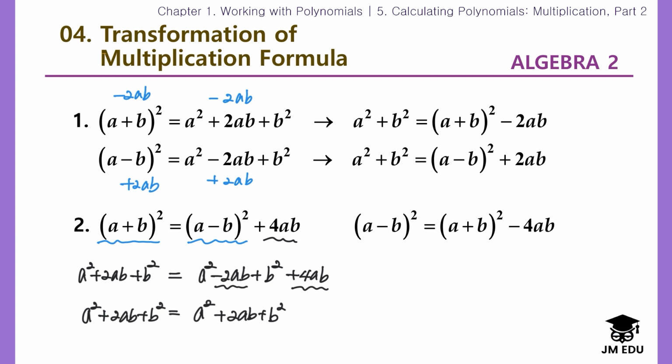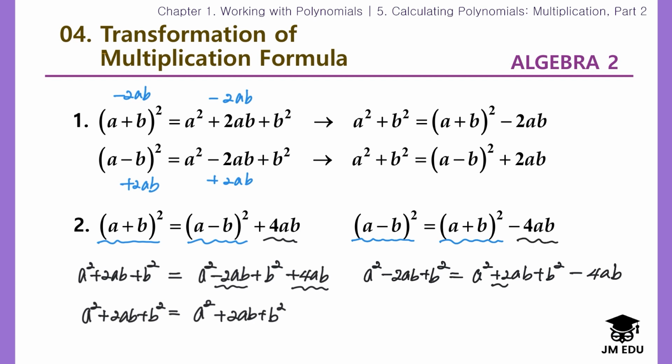Does that make sense? Okay. If we have (a - b)², then that is equal to (a + b)² - 4ab. Why? Let's expand this expression right here. That's a² - 2ab + b², right? If we expand this binomial square, that's a² + 2ab + b², and we have a - 4ab here, right?